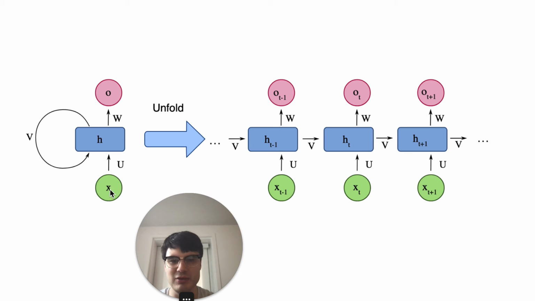So this might be the word hello, this might be the word I, this might be the word love, and this might be the word MLPro, and that's fed as input into this neural network with a different architecture, which we'll explain again in detail in a future video and tutorial series all about NLP and text processing, where RNNs, recurrent neural networks, come into play.